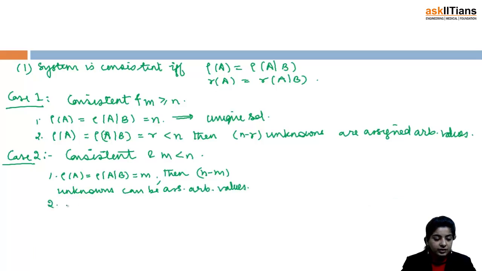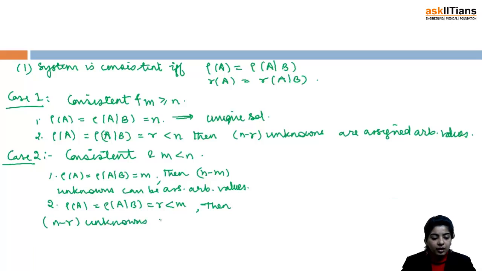And the second case says rank of A equal to rank of A augmented B is R, which is less than M, then N minus R unknowns can be assigned arbitrary values.